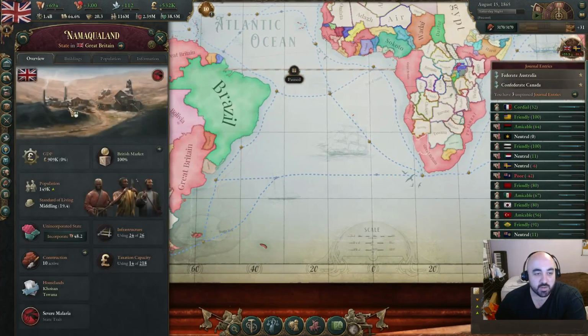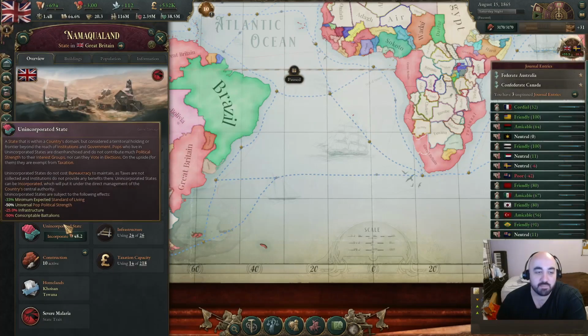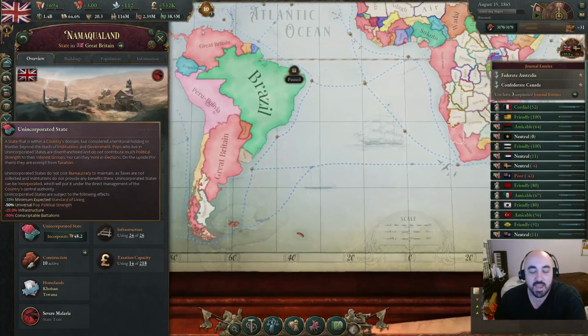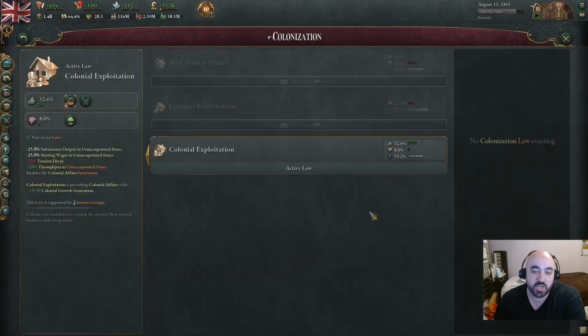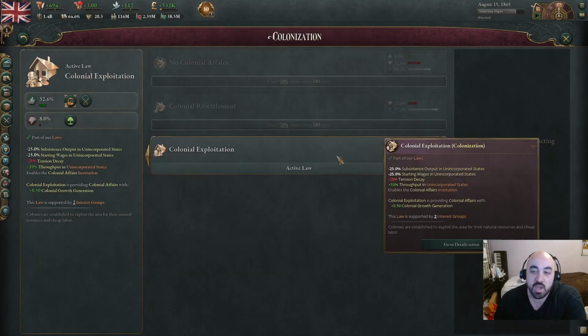The third and fourth reasons are kind of minor, but they are included in here: you suffer an infrastructure malus and minus 50% conscriptable battalions. Now, the infrastructure malus is minus 25%, but this has to be considered along with another feature of unincorporated states, which is that generally you'll want to go Colonial Exploitation, which gives a 10% throughput bonus on all buildings.